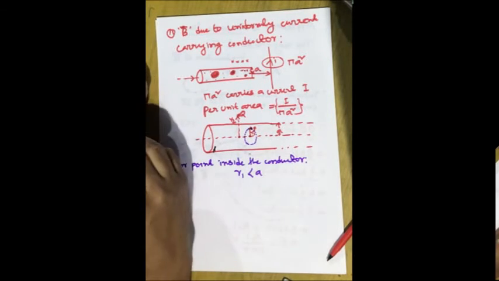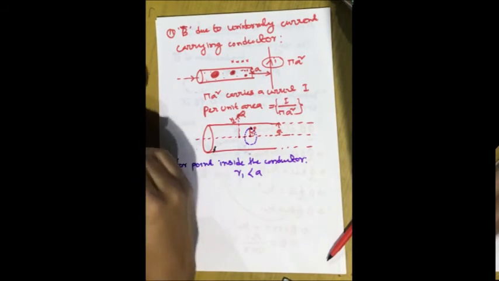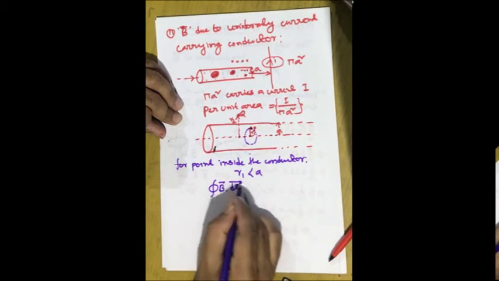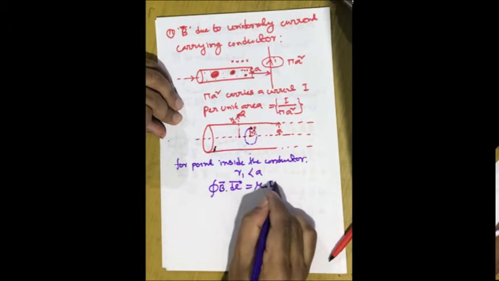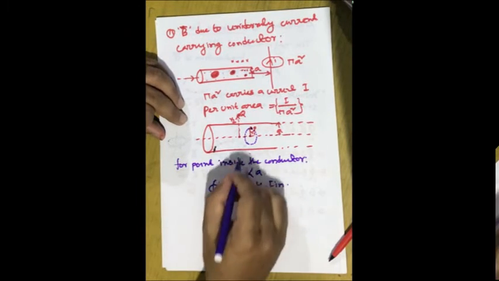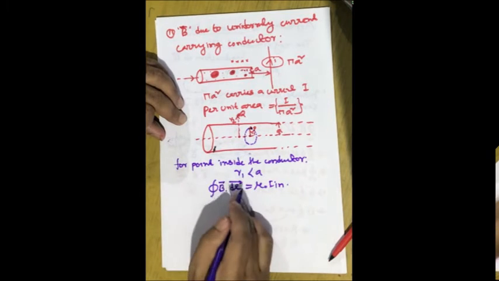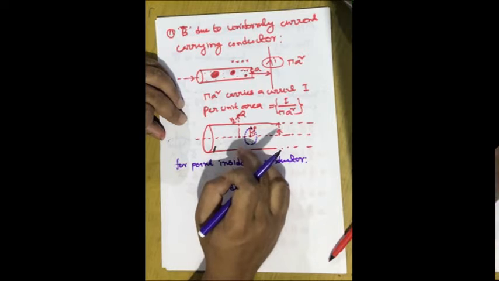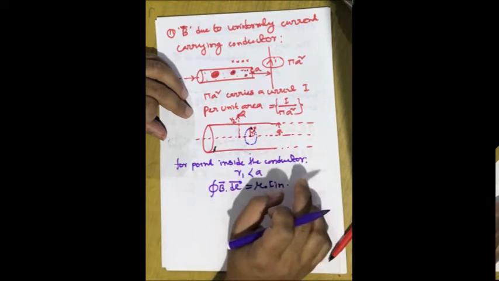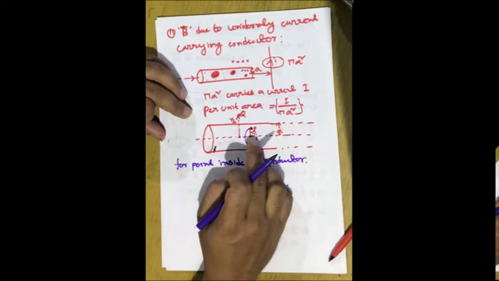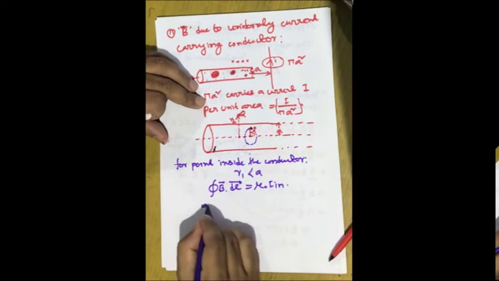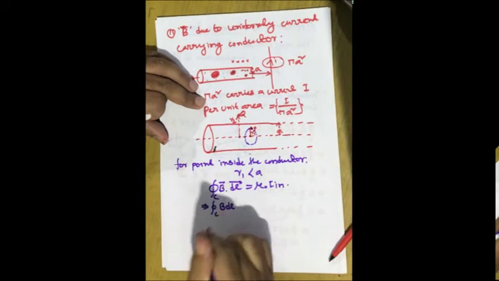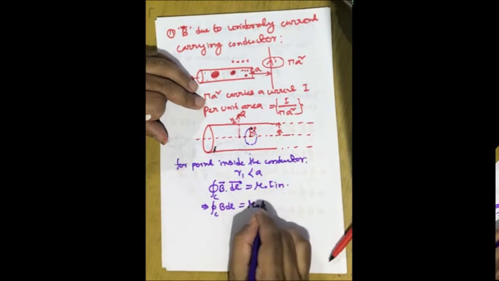So the Ampere circuital law gives the closed integral of B dot dl is equal to mu naught into I inclusive. As in the previous cases, B and dl will always be parallel to each other, because the magnetic field and the dl direction are always in the same direction for this kind of Ampere's loop orientation. So we write B dl cos 0, and cos 0 is equal to 1.